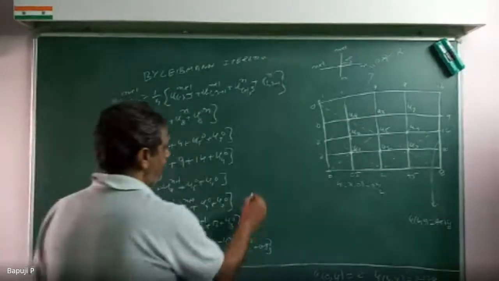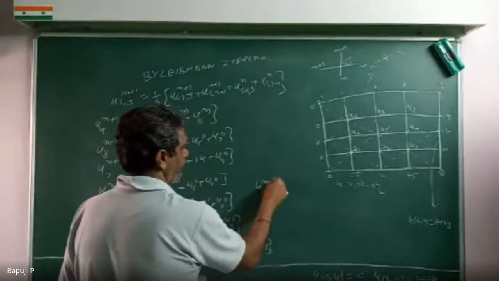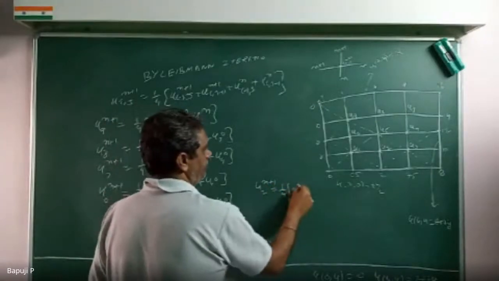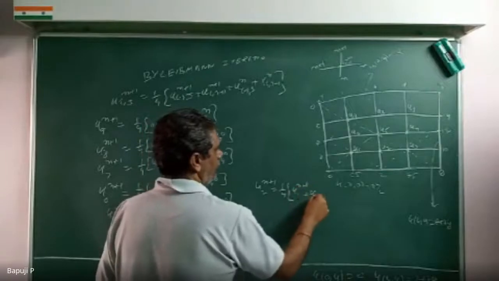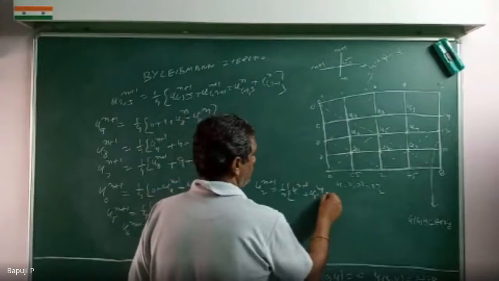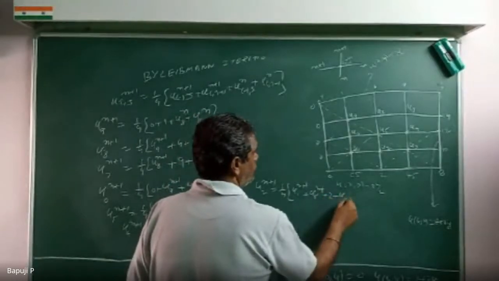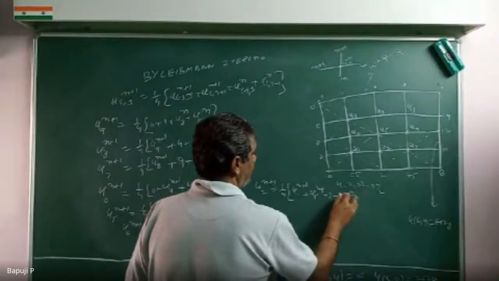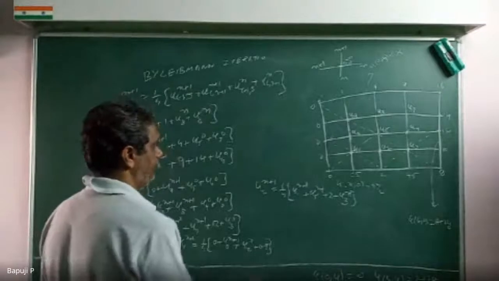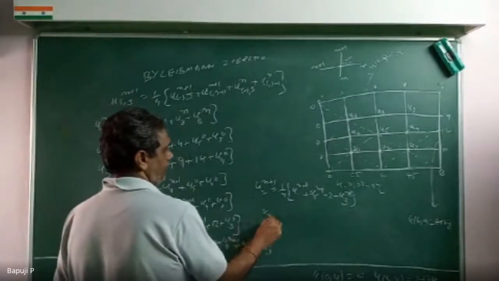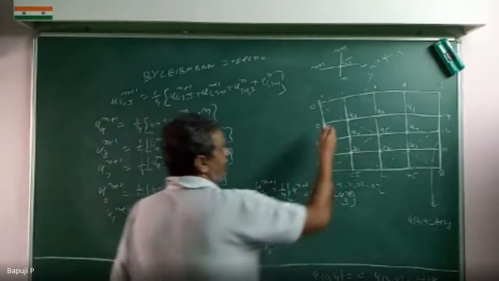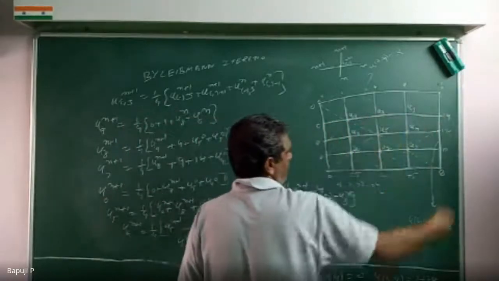Now U2 of n plus 1, what we get? U1 of n plus 1 plus U5 of n plus 1 plus 2 plus U3 of n. Then U3 of n plus 1 is equal to what? 1 by 4. See, first I am finding these three values, these three values, these three values.